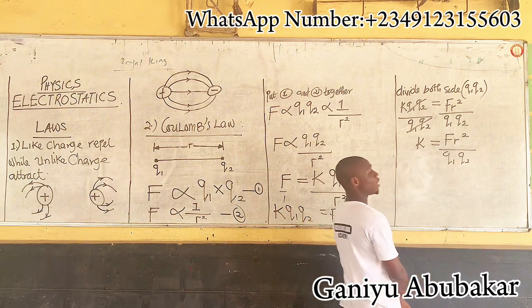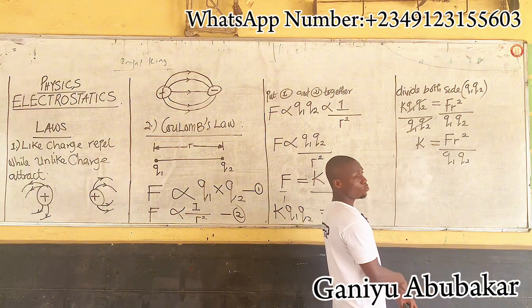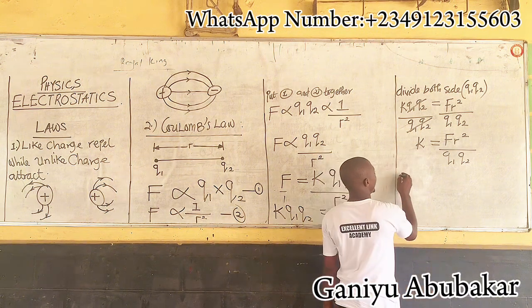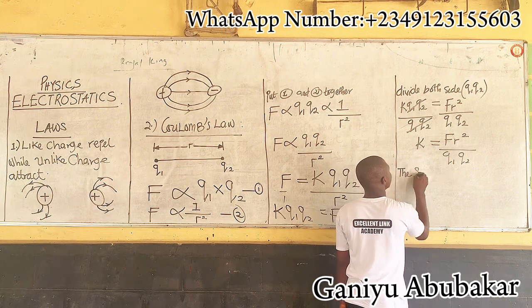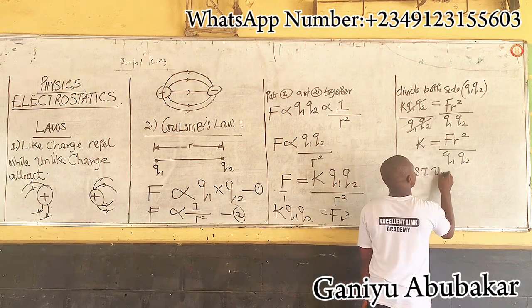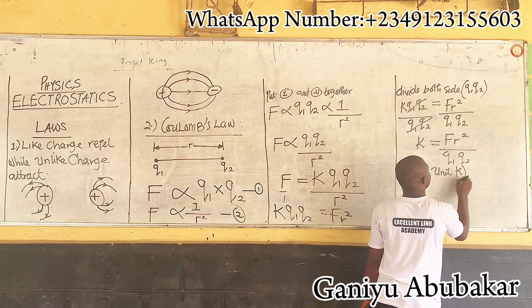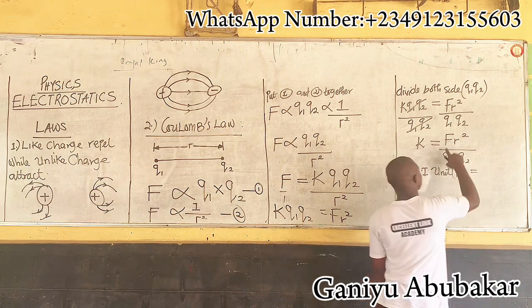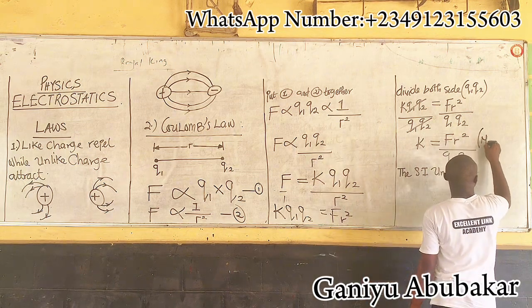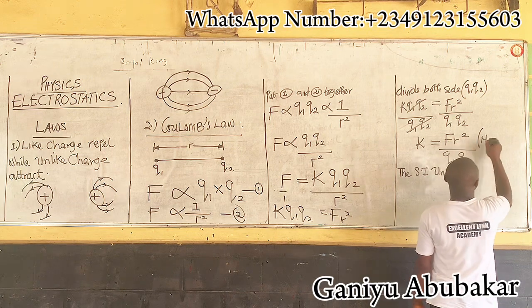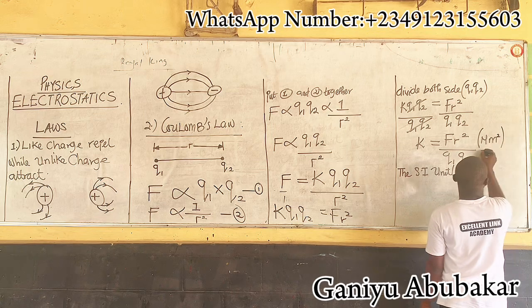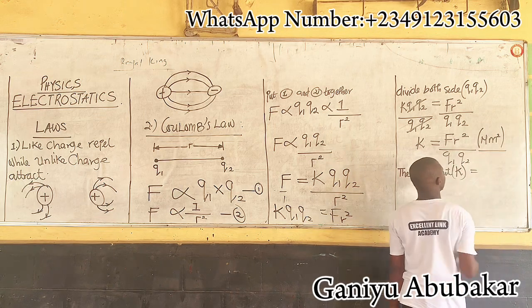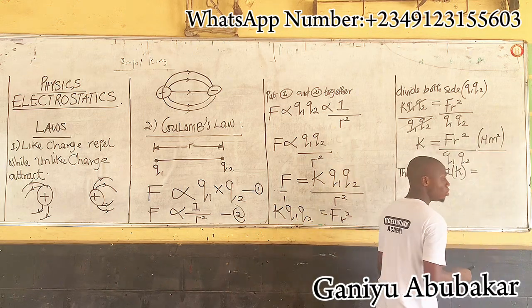Let's get the SI unit for the constant of Coulomb's law. So the SI unit for constant K is equal to: force is measured in Newton, radius is in meter, but having radius squared, that becomes meter squared, all over Q1 Q2. Charge is measured in Coulomb, right?